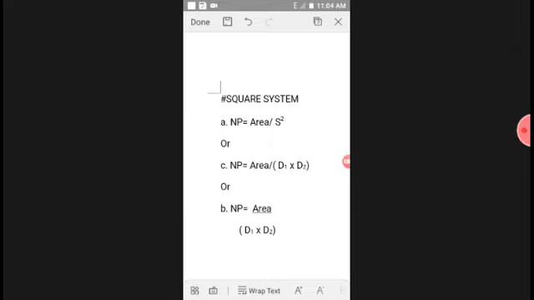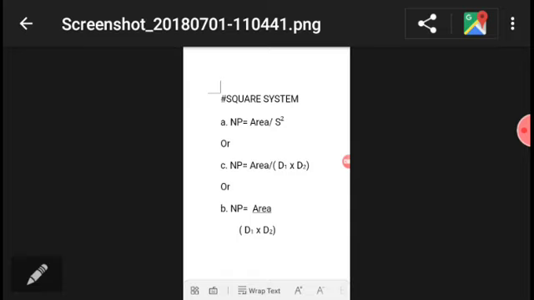So, the formula is NP is equal to the area divided by S squared. So, pag in-expand natin tong S squared, S to the 2 power, yung S squared is also the distance 1 times distance 2, o yung tinatawag natin the first distance times the second distance. So, NP means the number of plants.